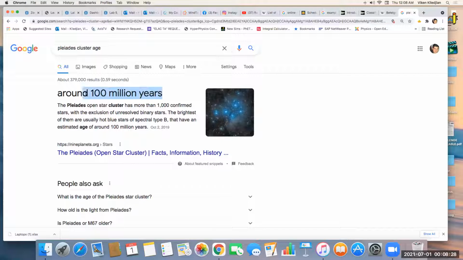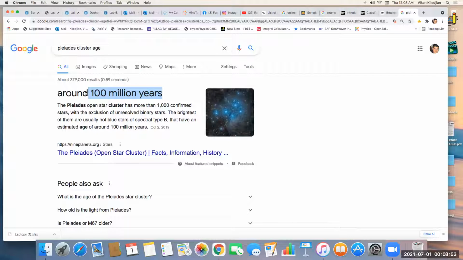There you have it. So I could just guess from looking at that chart, because it has a higher turnoff point. That means the star that is just beginning to die in the Pleiades cluster is higher up the main sequence, right? Because remember, brighter and hotter stars live shorter lives.